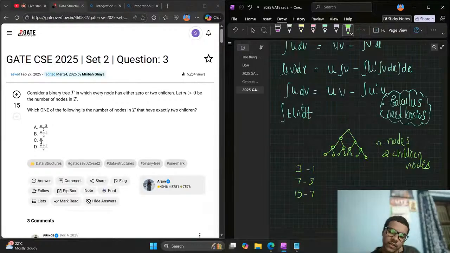If you do something like this too, let's say, n nodes, right? 1, 2, 3, 4, 5, 6, 7, 8, 9, 10, 11. If there are 11 such nodes, then there should be 1, 2, 3, 4, and 5.